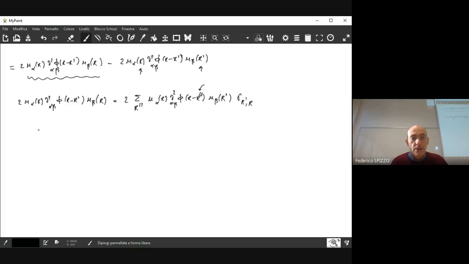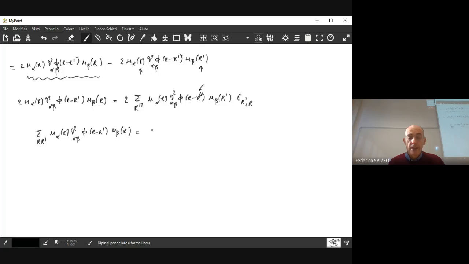The initial expression was the summation over r and r prime of u alpha of r. So this was the initial term with the summation.